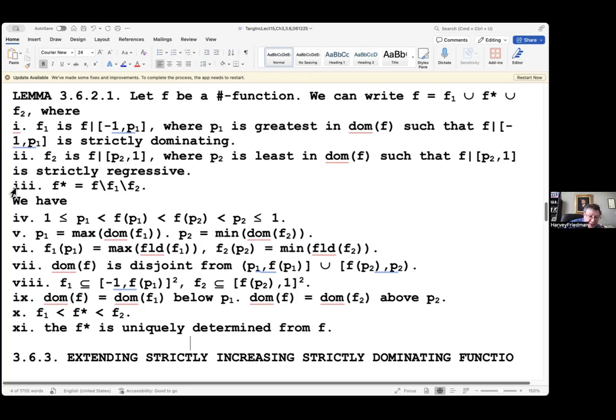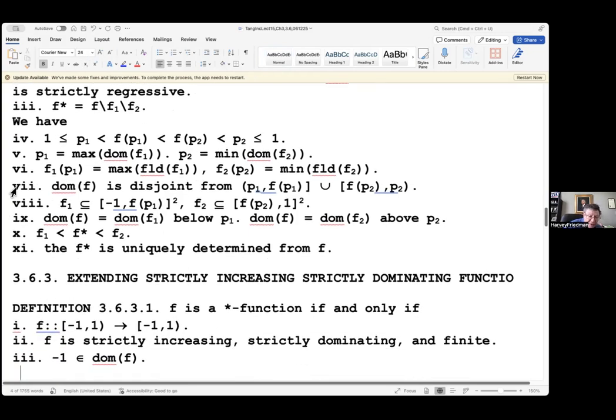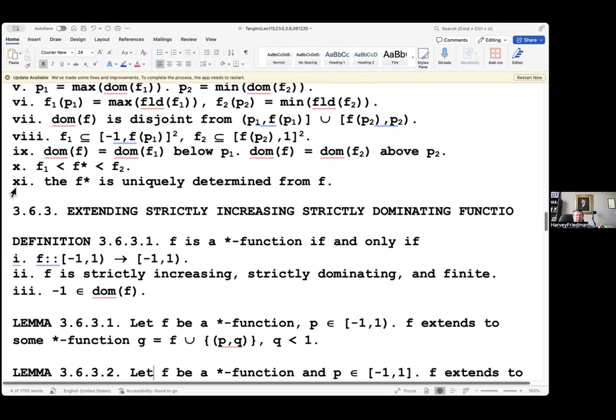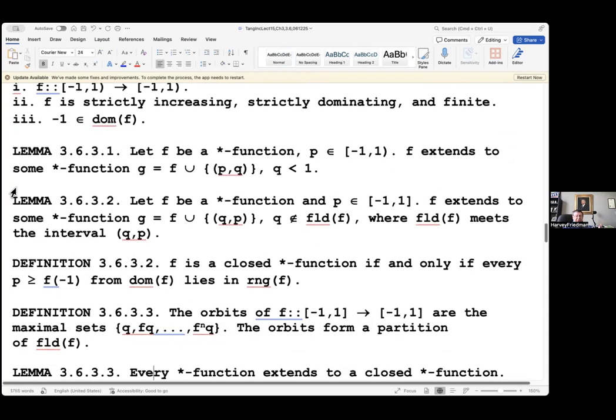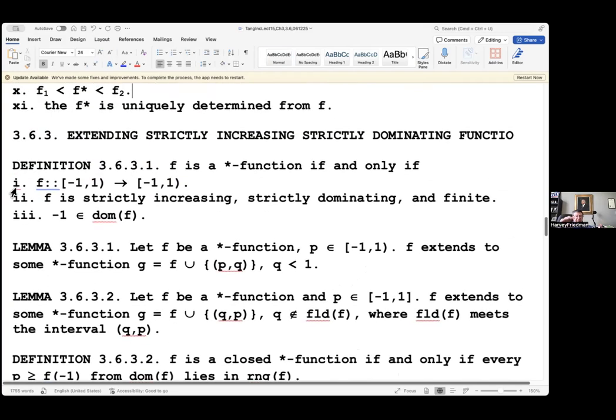All right. So now that we can decompose the function into these three parts, F has been written as F1 union F star union F2. F1 is the so-called strictly dominating part.